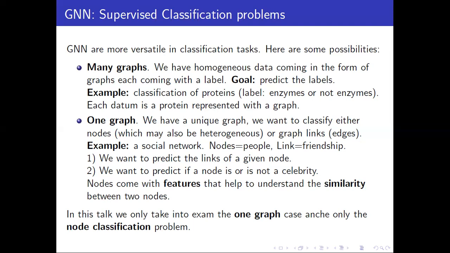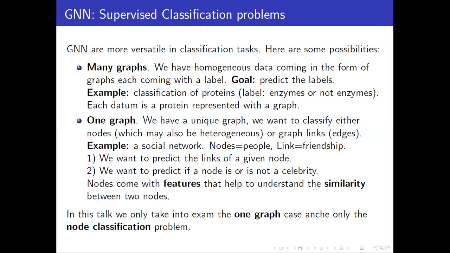So 0, it is an enzyme, 1, it is not, or vice versa, who knows, right? Then you train your algorithm to recognize the features that make a protein an enzyme or not. And then you give another protein, and it will tell you, yes, it is, or no, it is not. This is very similar to deep learning on images. You give a label and you predict the label, very simple.